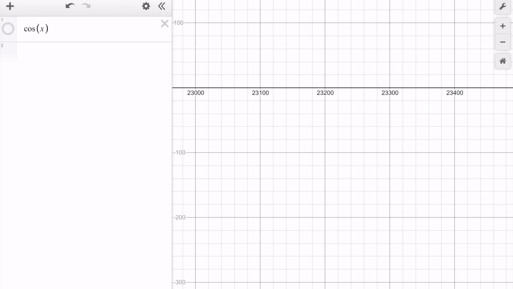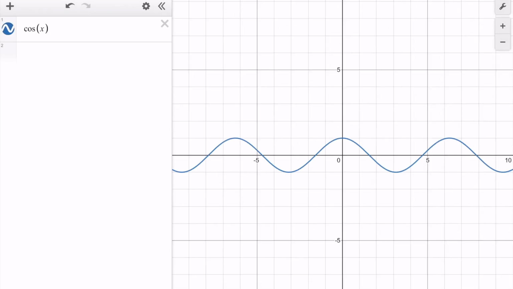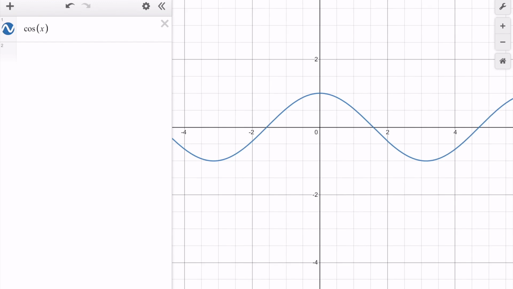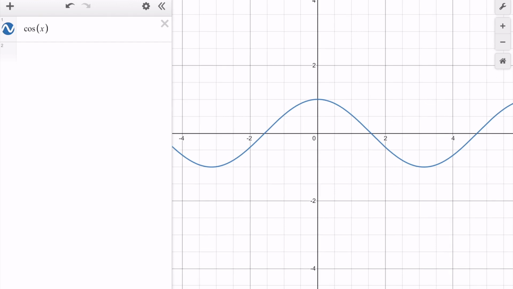So let me erase my original graph right here. Take a look at this simple function, cosine of x. We're pretending that f of x is equal to cosine of x, and suppose that you were concerned with the limit of this function as x approaches 0 from the right side. Clearly the answer will be 1. The left side doesn't matter; the answer will be 1 regardless.